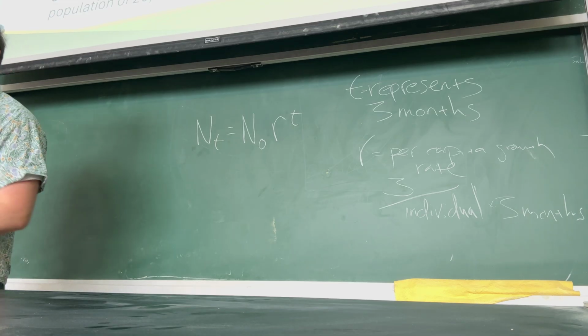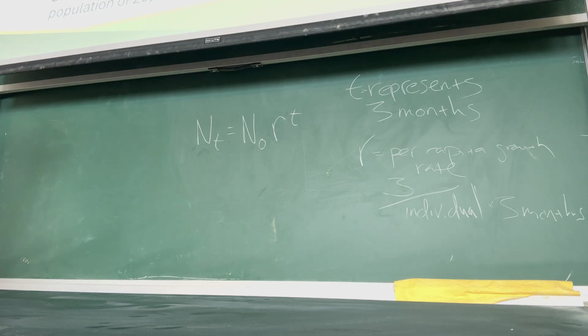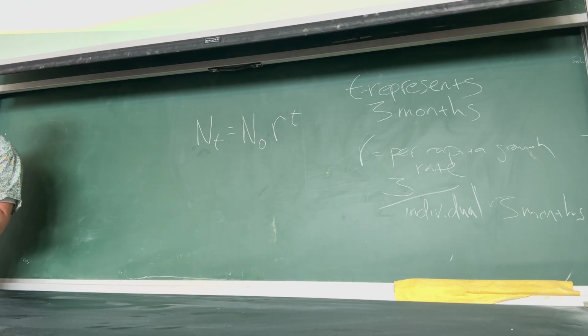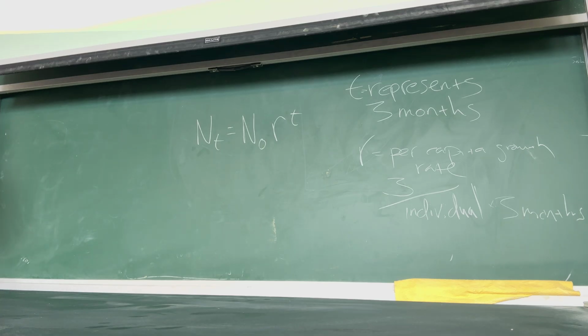So populations don't usually grow exponentially forever. So we attempt to control for that by incorporating a carrying capacity, something that we've already spoken about. We're going to talk about carrying capacity in just a minute.